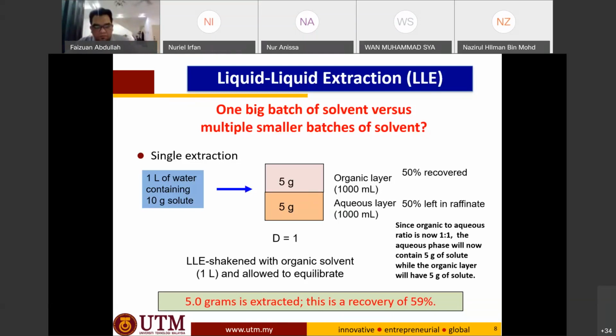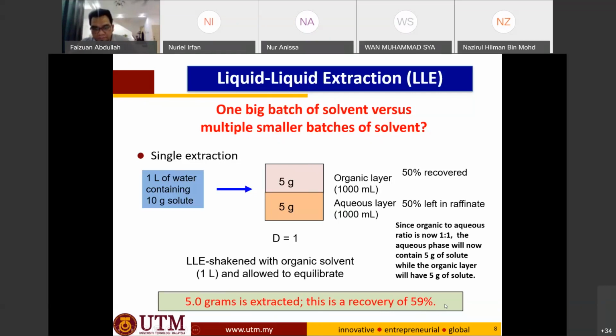So for the liquid extraction, shaken with organic solvent 1 liter and allowed to equilibrate. Since organic to aqueous ratio is now 1:1, the aqueous phase will now contain 5 grams of solute, while the organic layer will have 5 grams of solute. So 5 grams is extracted. The recovery is 59%.